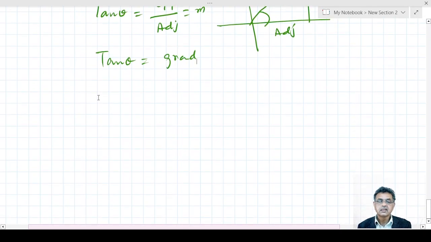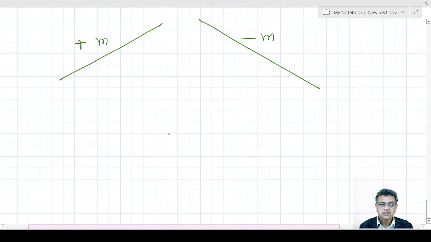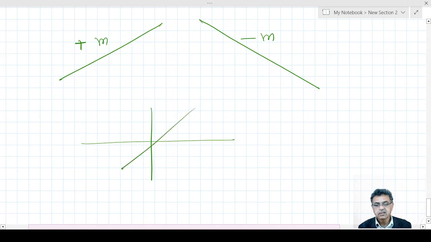So in this context, if you remember from coordinate geometry, we know that all the lines in this direction have a positive gradient and the lines in the other direction have a negative gradient. If you relate them to a grid, the lines with positive gradient fall in the first and third quadrants.